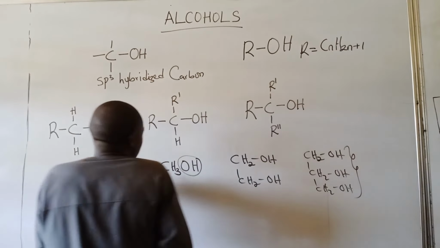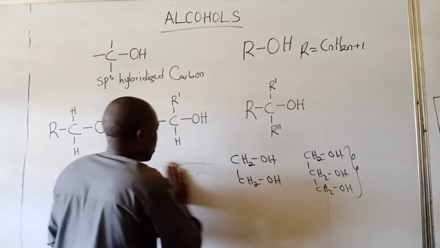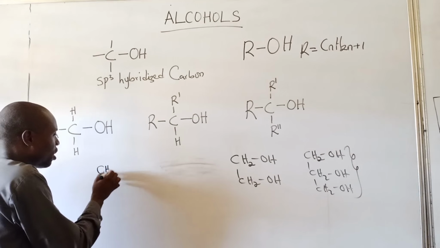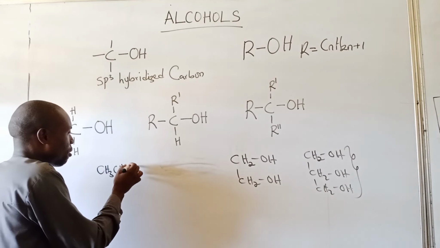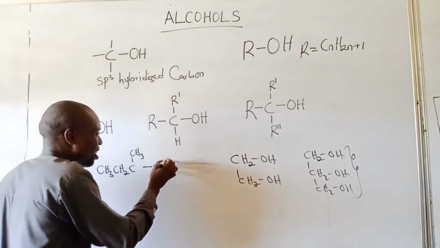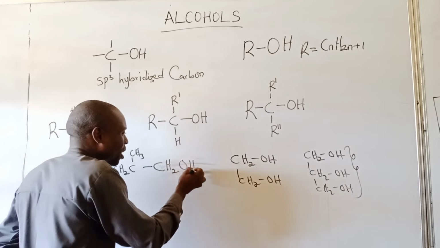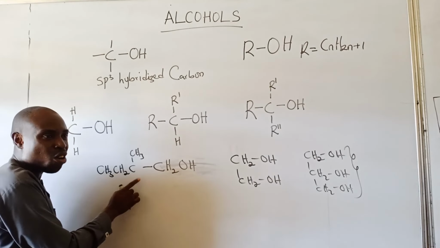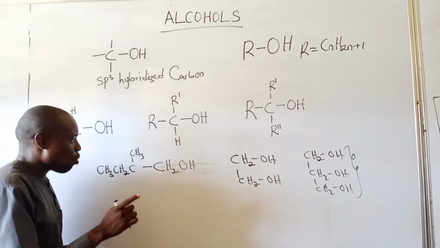So in some cases, I can be having something like this: CH3, CH2, then CH2, CH2OH. This is an example of a primary alcohol. Now you may ask why.